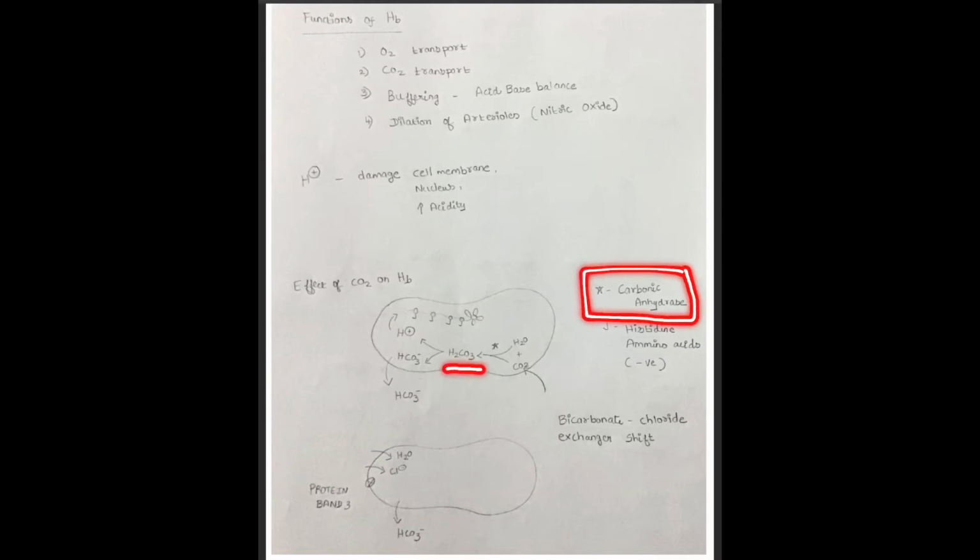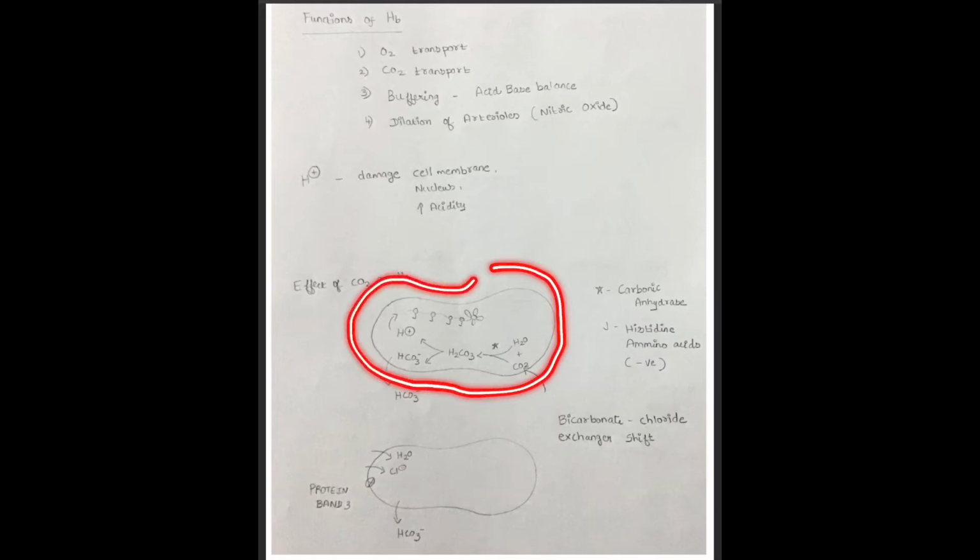And you can see this carbonic anhydrase only inside the RBCs and not in the interstitial fluid. This carbonic anhydrase speeds up the reaction of the conversion of carbon dioxide and water.